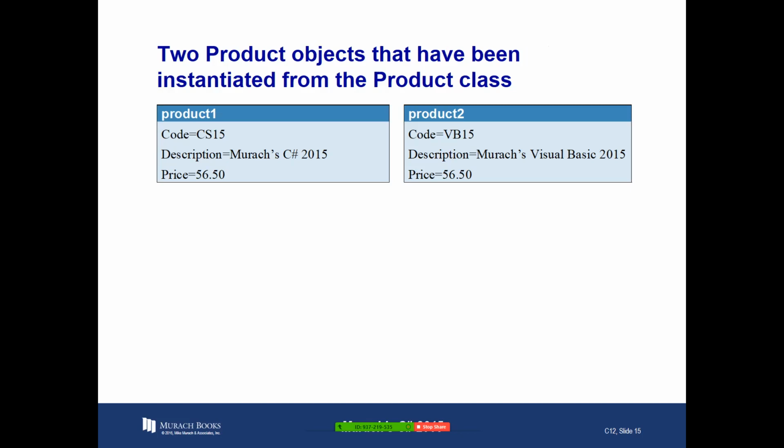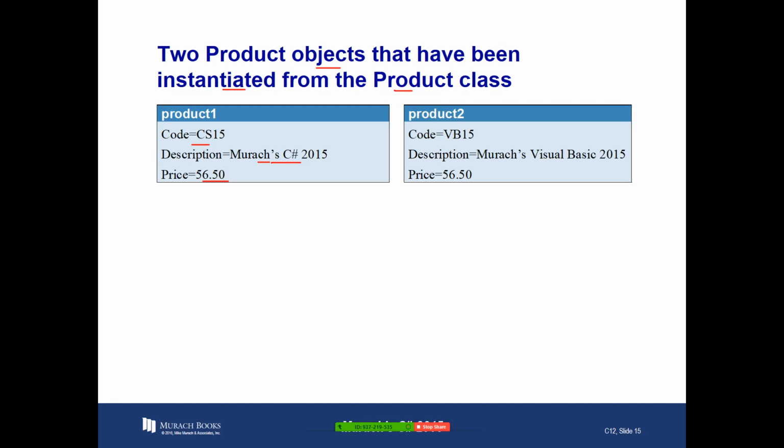So here as an example, we've created two product objects that have been instantiated from the product class. This first one, these look like they're Murach books. So it's got a defined code, a description, and a price.